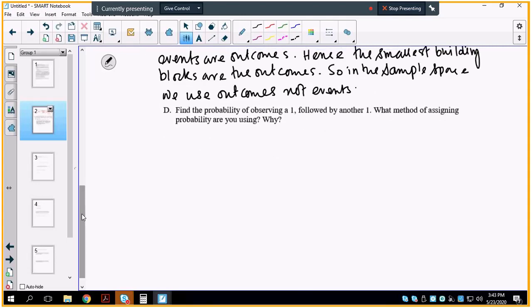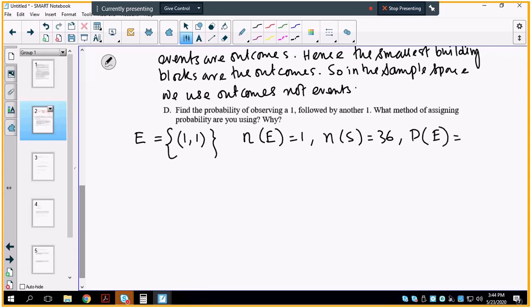Find the probability of observing a 1 followed by another 1. What method of assigning probability are you using and why? So remember, we are talking about the event which is described by first roll 1, second roll 1, and there is exactly one of those events. So the number of elements in E is 1, whereas the number of elements in S is 36. And if you remember the classical definition of probability, it is the number of elements in the event space over the number of elements in the sample space. So you get 1 over 36. And I already used the classical definition.